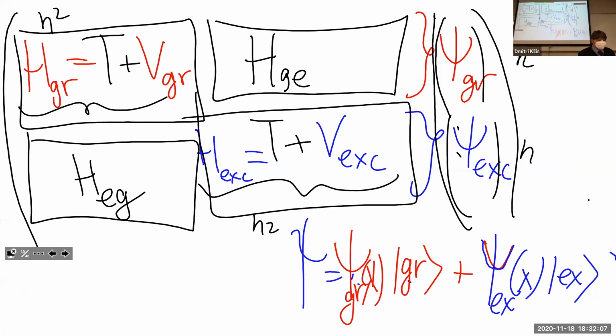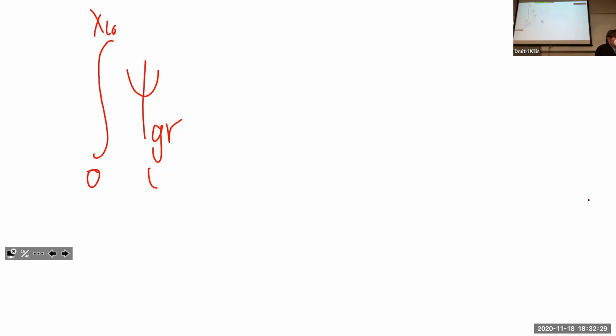If we agreed to compose the wave function as these up and down portions, then if we integrate it from 0 to the last point for x, it will be the probability of the donor.